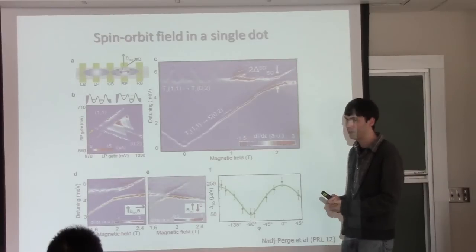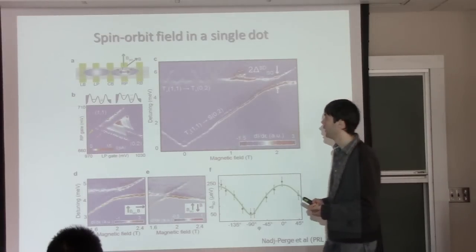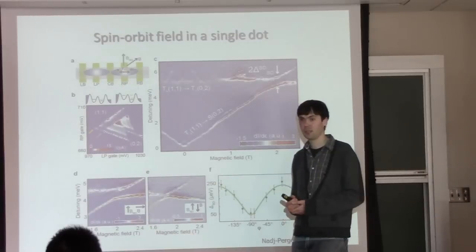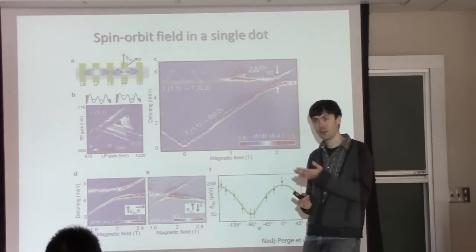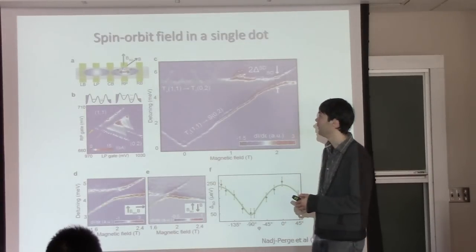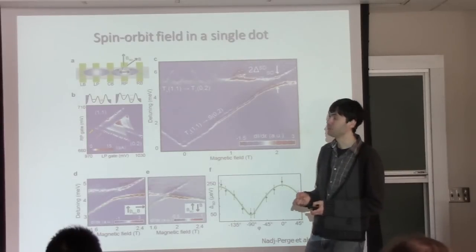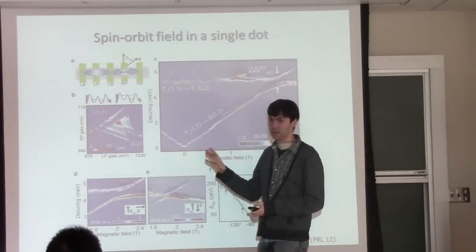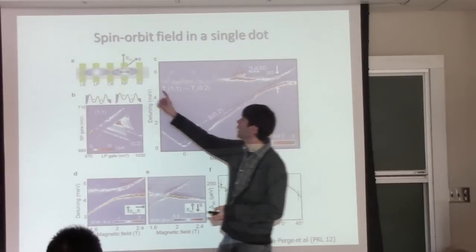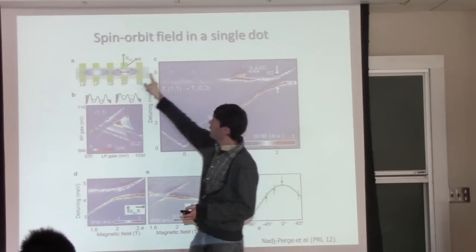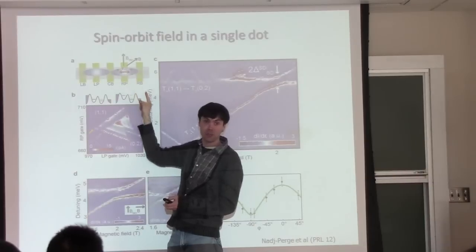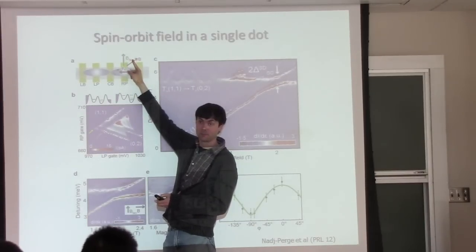And the physical picture for that is very, very simple. It has to do, again, with the concept of spin-orbit field, and it has a direction in space. Now, in these nanowires, we just have Rashba effect. I'll just tell you that from the start. So electrons move along the wire, which means the spin-orbit field is perpendicular to the wire.